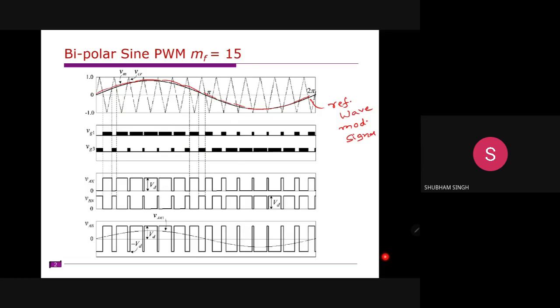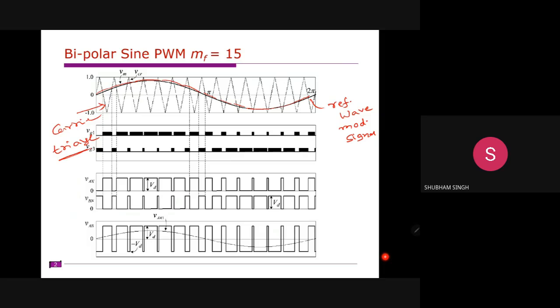And you have the carrier signal, and the carrier we've selected as a triangle signal. It's a triangle carrier signal, right?